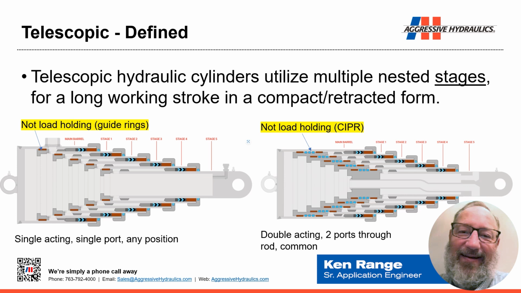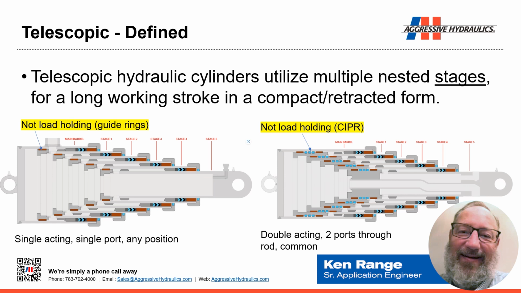What you will notice is that there's a significant difference between the seals on the pistons of each stage of a telly. A single-acting telly has really only guide rings to cause the stages to stay in place. They're not really a seal.